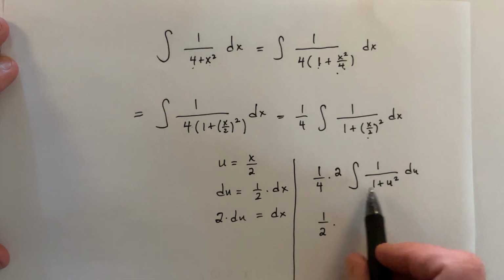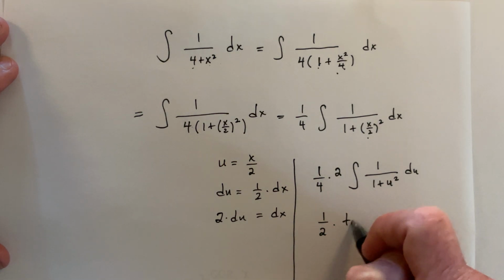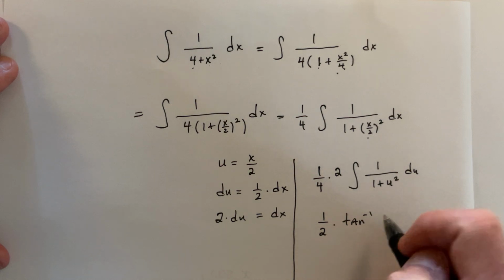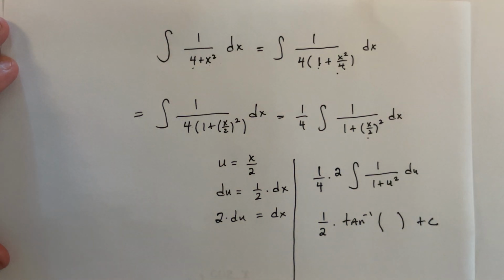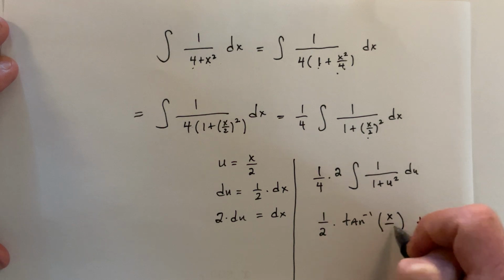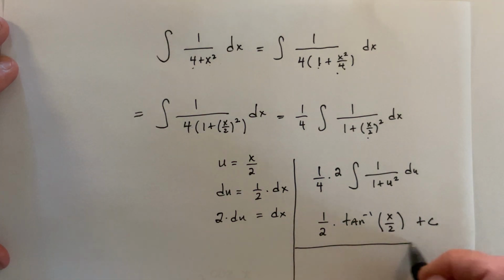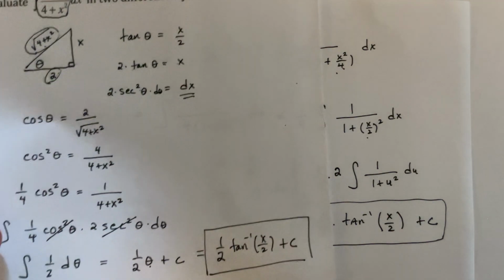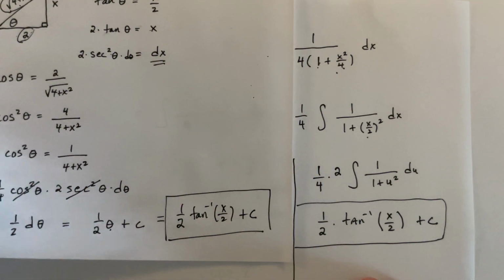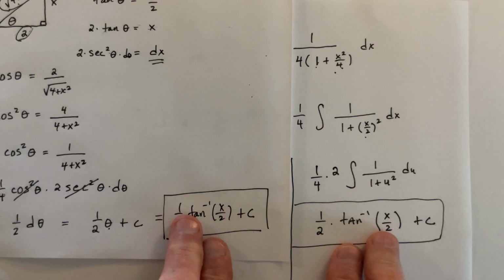And then this is going to be tangent inverse of u. And usually I would write the tangent inverse of u and then replace the u, but you can do that in one step. So this is tangent inverse of u, but u equals x over 2. And now for the final check. The last time I did it with the trig substitution, are the two answers the same? Yes.